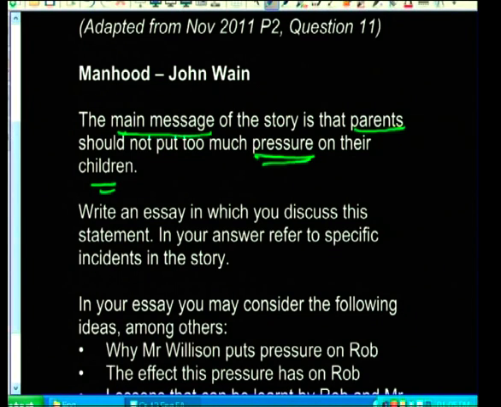You've got to write an essay in which you discuss the statement. So you've got to discuss that. State whether you agree or disagree and support your viewpoints. In your answer, refer to specific incidents in the story. So you will note that you are not going to narrate or tell me a story about what happens between Rob and his father, but rather you will focus on certain incidents and you will comment on those incidents.